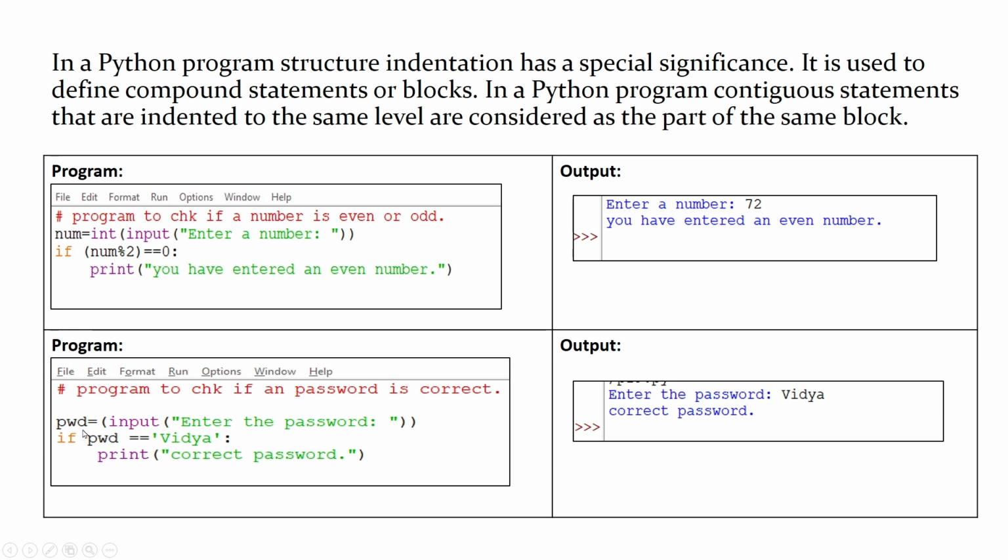Here also we have accepted a password as input, pwd. The password entered by the user is assigned to the pwd variable. If pwd is equal to Vidya, then we print correct password, else we come out of this if condition.